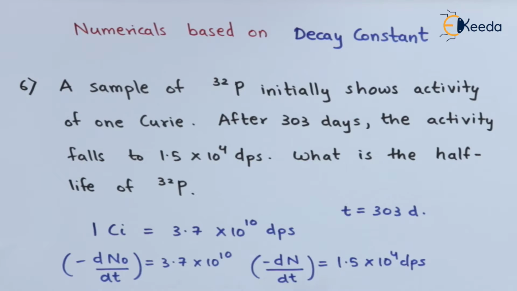Based on that, we have to calculate the decay constant, and finally the half-life of phosphorus 32. So based on all the data, let us find out the decay constant first.